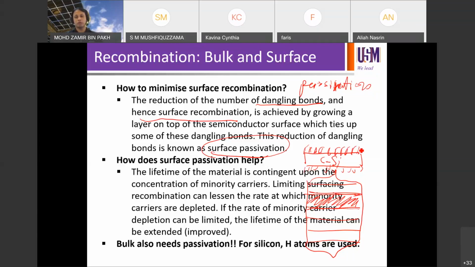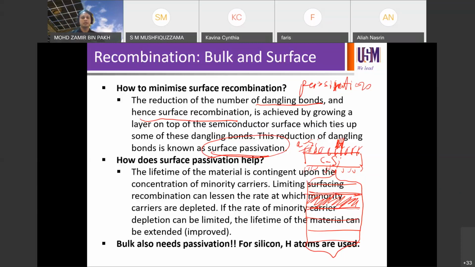You have to introduce bonds. Normally this is done by amorphous silicon deposition on the crystalline silicon, or you can also do passivation using hydrogen. In order to remove the termination of the lattice, you need to rebond again. So it's called the surface passivation process.